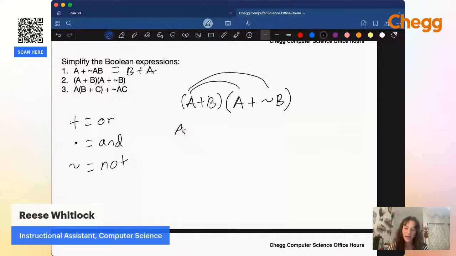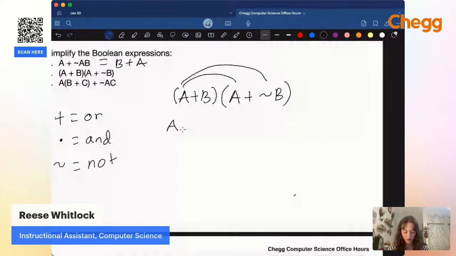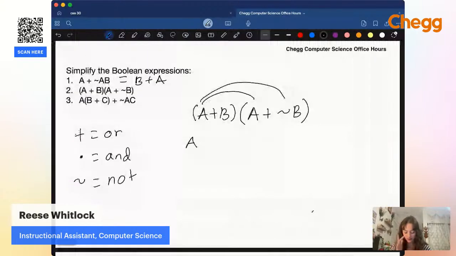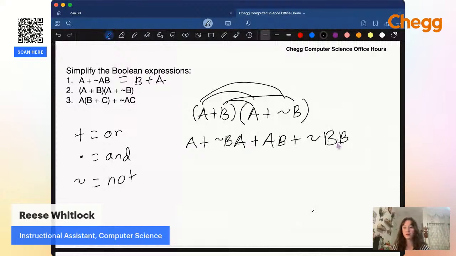So A and A is just A. A, and then we'll add not B and A, and then we'll do B, so A and B, and then not B and B. So not B and B will always be false, so that will always be 0.